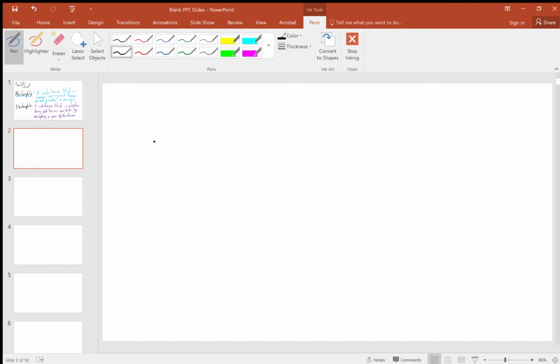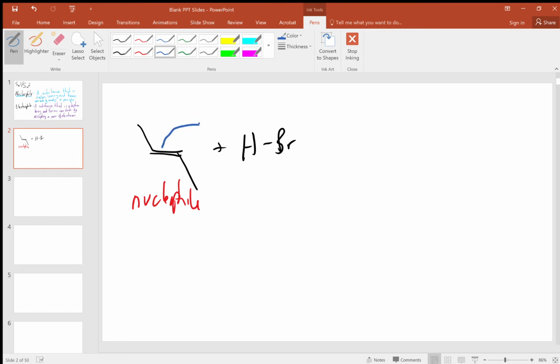Again, you may recall that in a reaction like this, you recall that the alkene was the nucleophile because it donated a pair of electrons to the hydrogen, which was the electrophile.